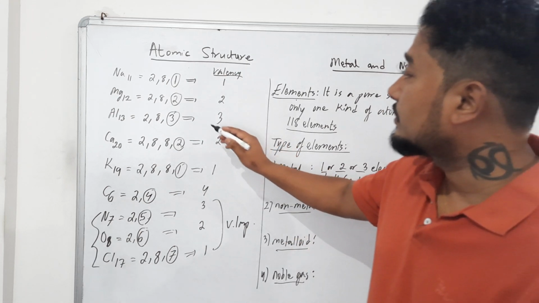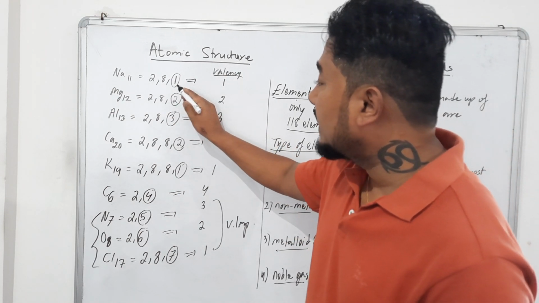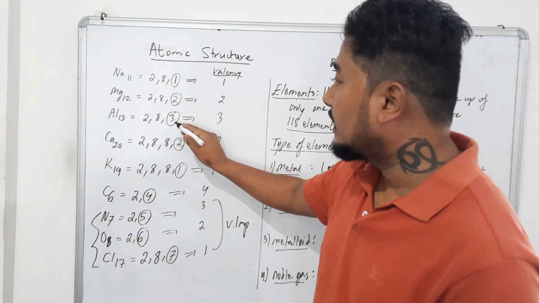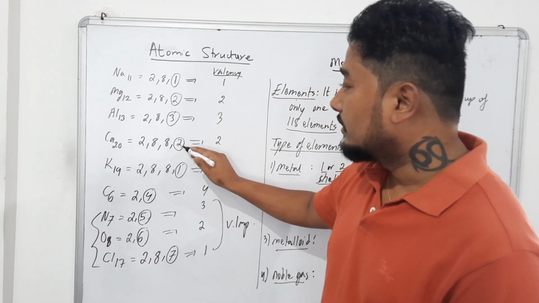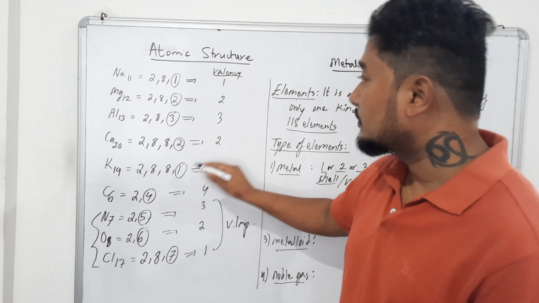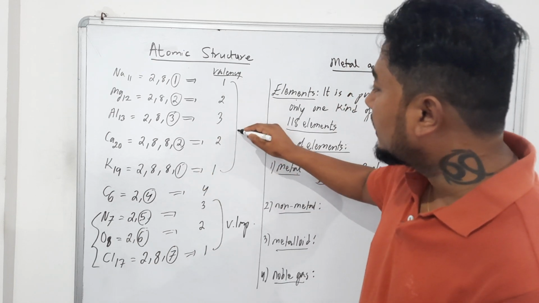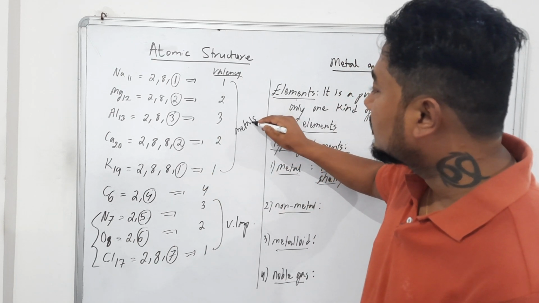You can see from here, sodium has 1 electron in the outermost shell, magnesium has 2, aluminum has 3, calcium has 2, potassium has 1. So from here to here can be referred to as metals.